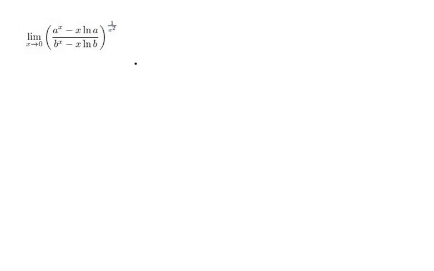So we can say that this is a perfect example of a limit of the form 1 to the power infinity, where something is tending to 1, raised to the power of something which is becoming very large, that is infinity.